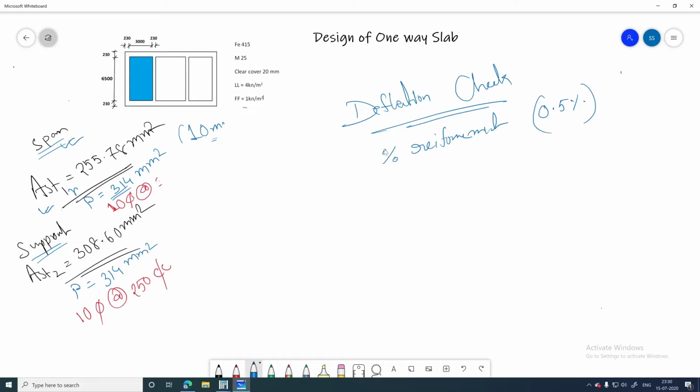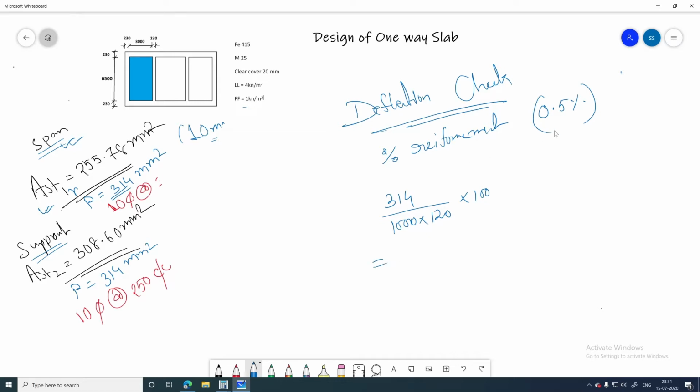Now as per our calculation, let's see what percentage of reinforcement we provided. We take the highest value of reinforcement that we provided, that is 314. So 314 Ast by BD. B is 1000 and D is how much? I just forgot the value, 120. Ast by BD into 100. So let's see what the answer is.